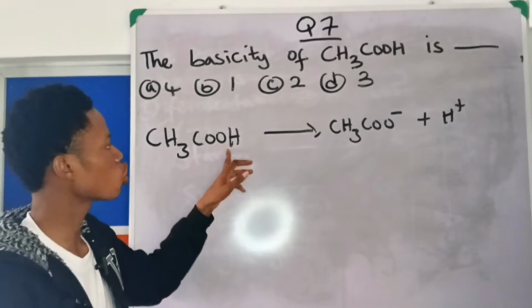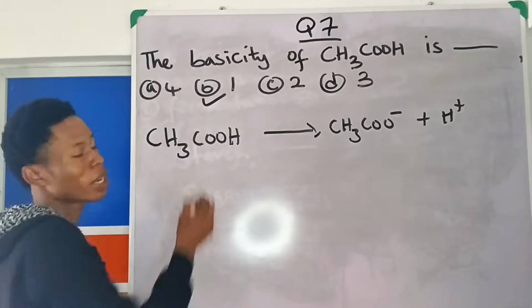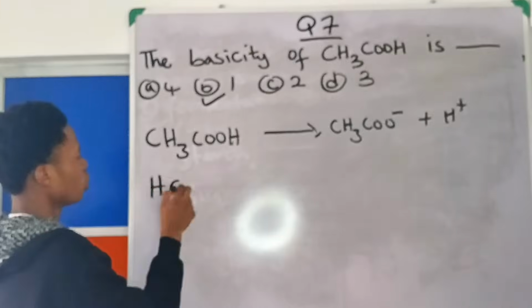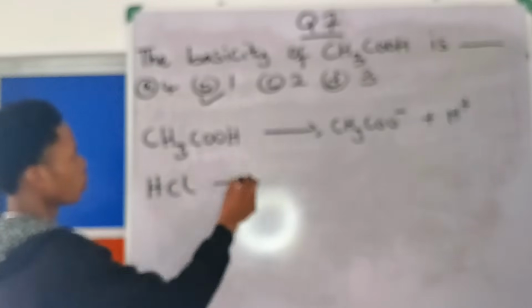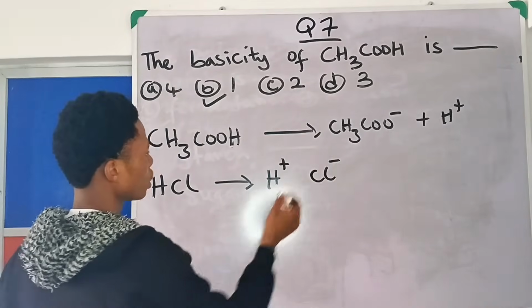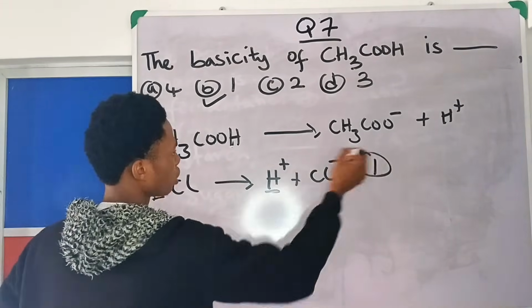So since it has just one ionizable hydrogen, we say the basicity is 1. If you have another thing like HCl, what is the basicity of HCl? If you ionize HCl, it's still one hydrogen that is given off. So the basicity is still 1.